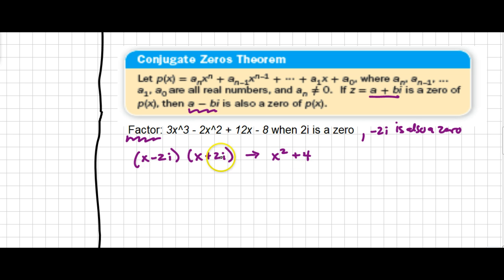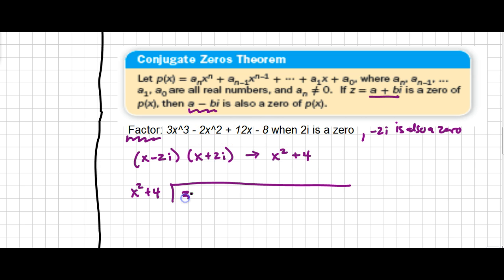Negative 4i squared is negative 1, times that negative 4 is positive 4. So now what I'm going to do is divide my polynomial by the new polynomial that I just got. So I got x squared plus 4. I know that those two together came from those two factors. I'm going to divide that into my polynomial.